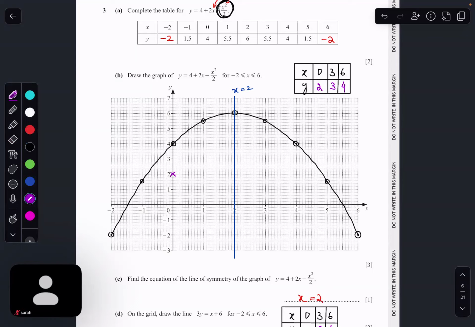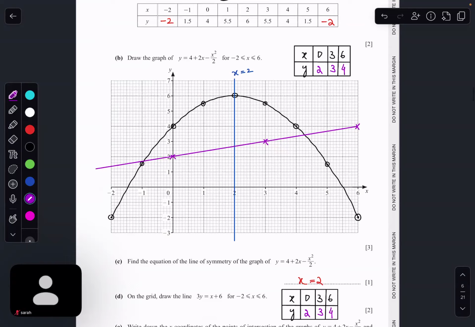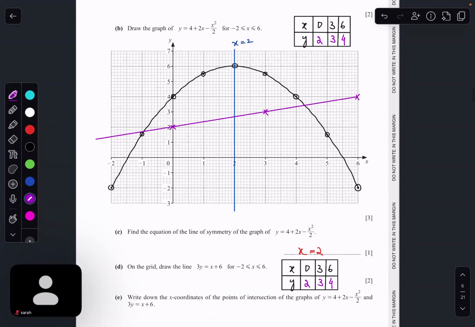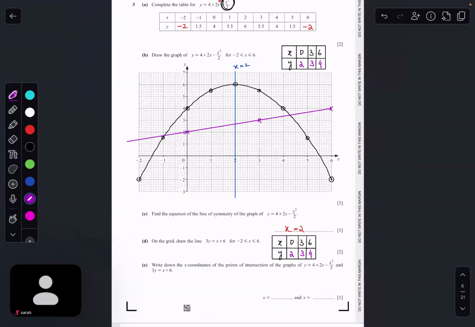Some students just draw a line like this. This is not the correct picture. This line is not representing the correct picture. Why? Because according to this line, we have just one solution. You should be covering the whole graph, like this. Okay. Now you can see we have two solutions where the line and the graph are intersecting. We have 2 points for that.